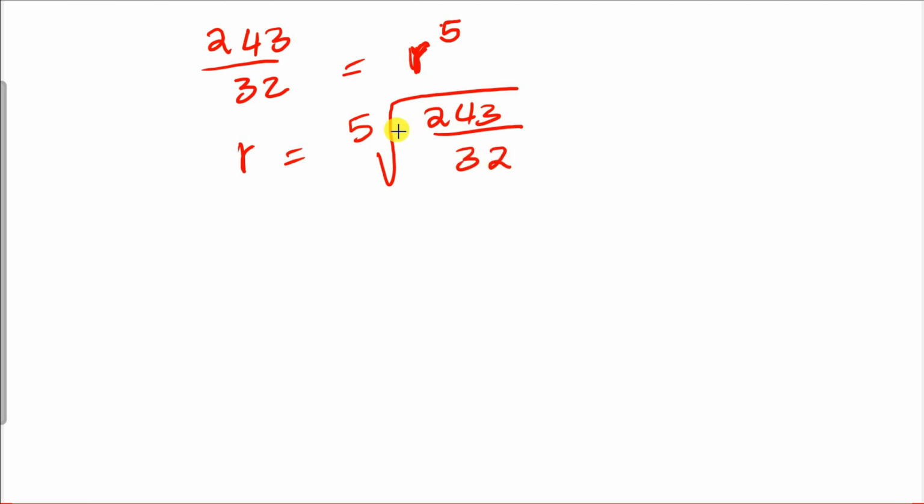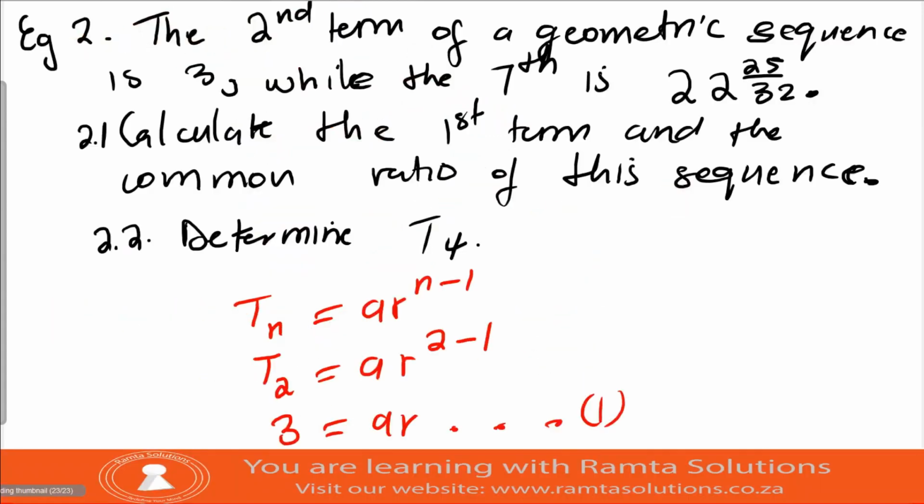On my calculator, I will simply say 5th root of answer. My calculator returns 3 over 2. With that being said, I am okay.